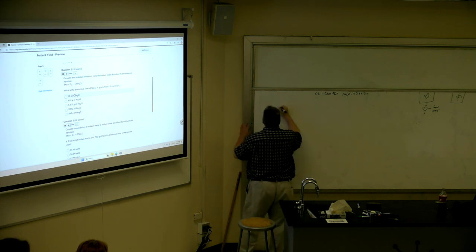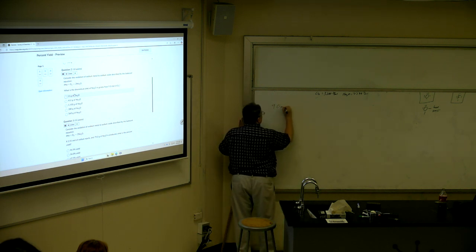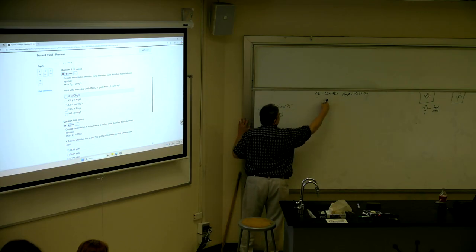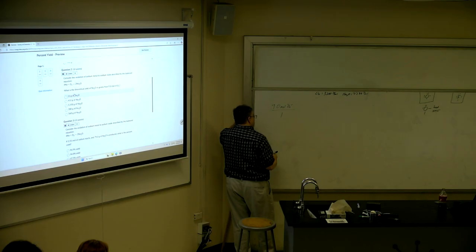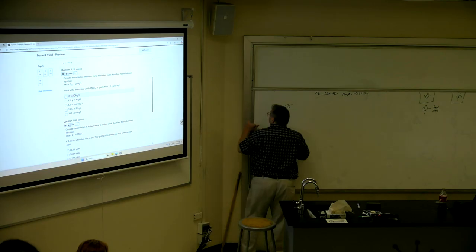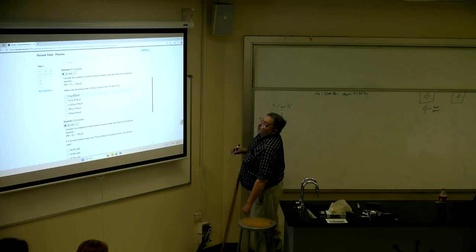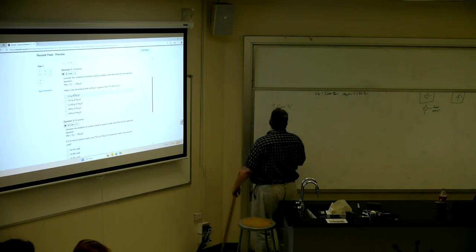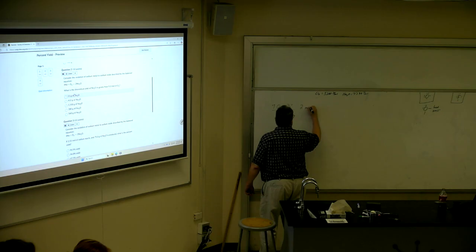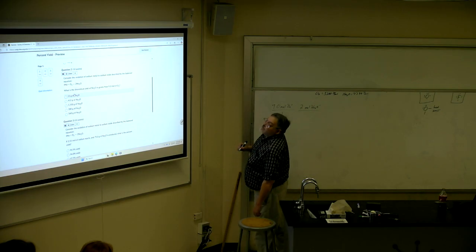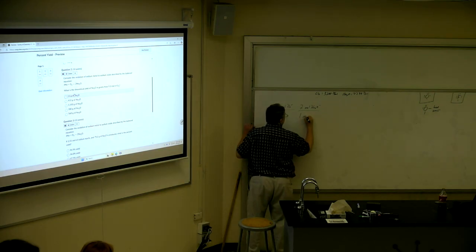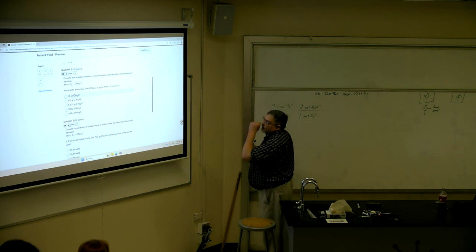Oh, 9.0 moles of O2. I'm not going to need this because grams of O2 isn't mentioned. If they had given us O2 in grams, then I would have needed that, but they were already in moles. So moles of O2, and now the molar relationship is 2 Na2O to 1 O2.